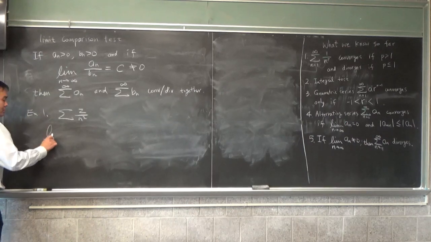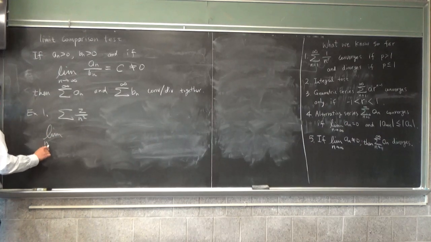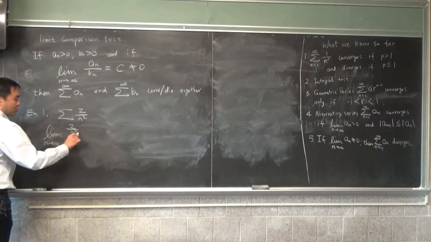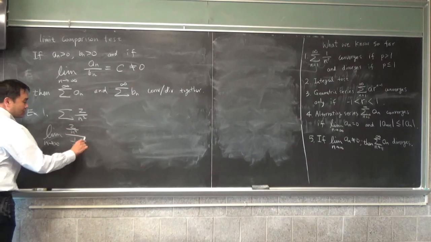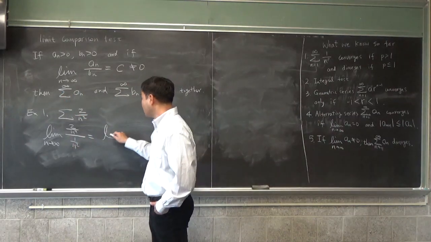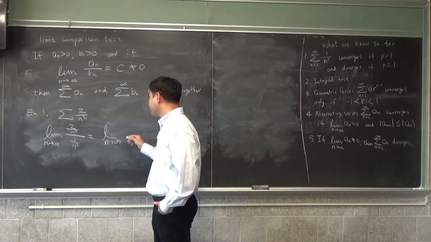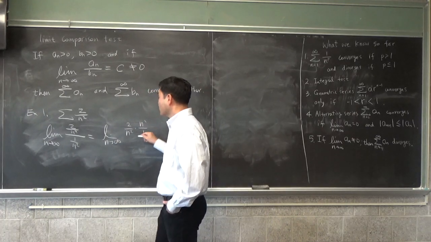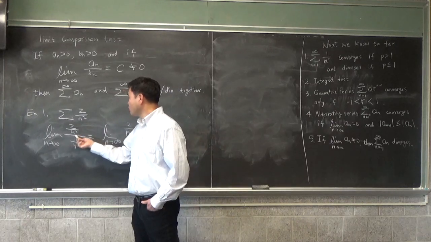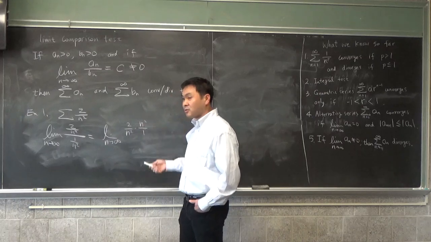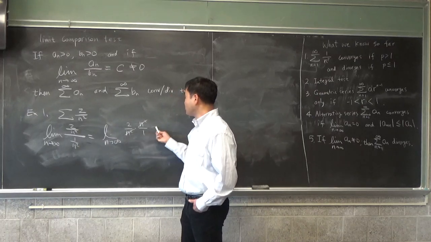Well, take the limit of n going to infinity of 2 over n squared divided by 1 over n squared. If you divide by a fraction, it's keep, change, flip, right? So you keep this, change the division to multiplication, and you flip this fraction upside down. And these two cancel, so it's 2.